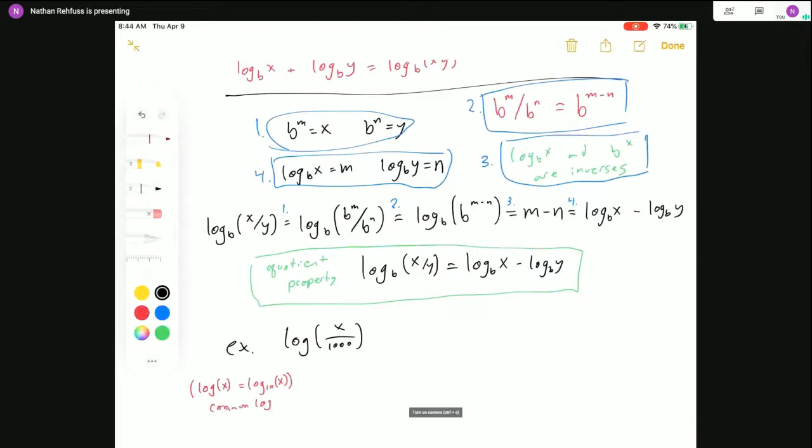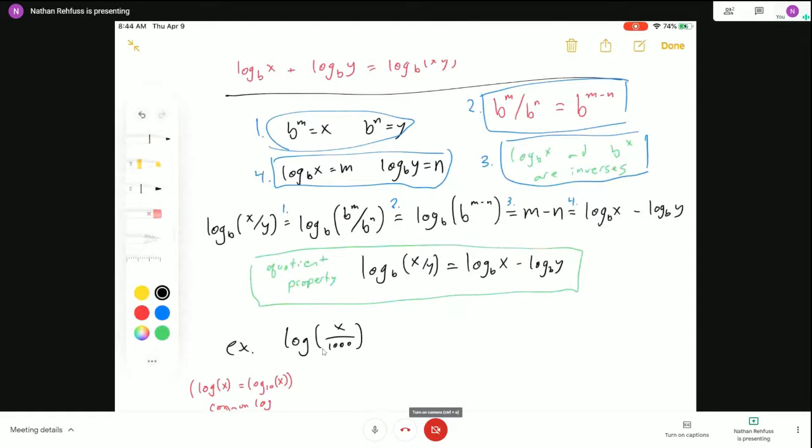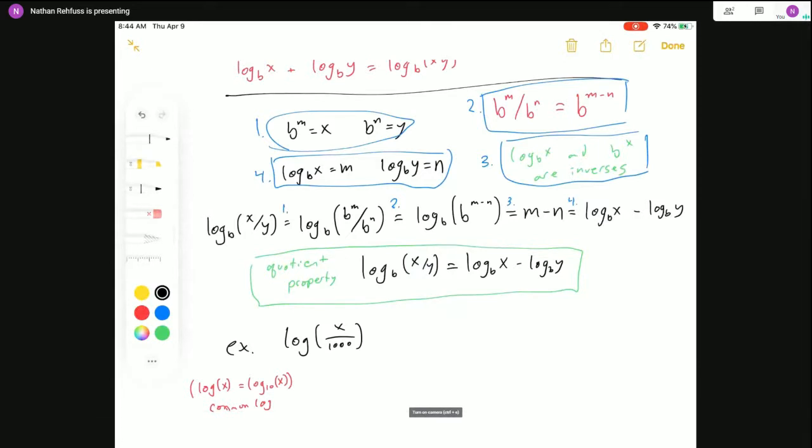But what I'm going to do is say, okay, so b is the base 10, x is x, and it's 1,000 here. So I'm going to invoke my quotient property and switch this over to log base 10 of x minus log base 10 of 1,000.